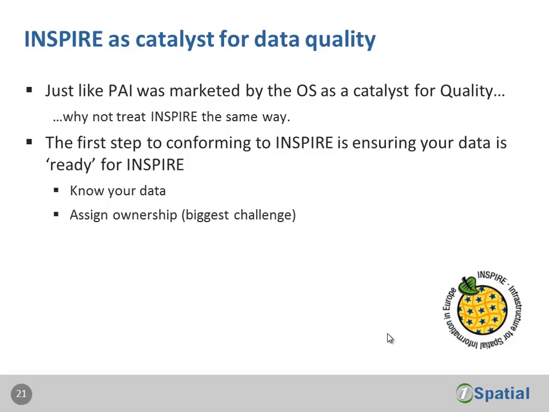But it's also necessary or helpful at the same time if you can go about improving the quality of it. So what we can do is treat INSPIRE the same way. INSPIRE is mandating that we go ahead and publish our data and aid discovery of it through metadata, but we want to make sure that it's of an appropriate quality before we start publishing it.